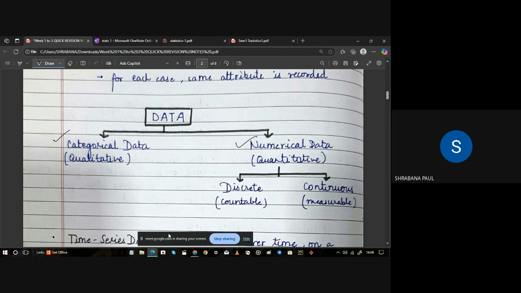If we give you this percent of male or this percent of female, you can count the number of males and number of females, but the words male and female are not countable. So categorical data are examples such as labels of names, data like male or female, or blood groups. Okay, these are categorical data.